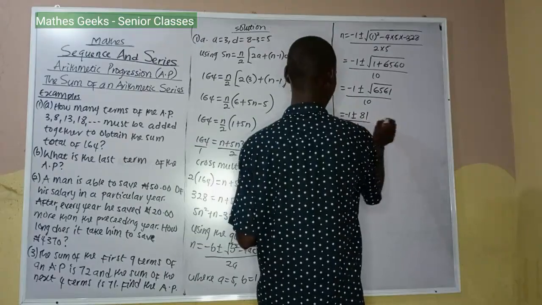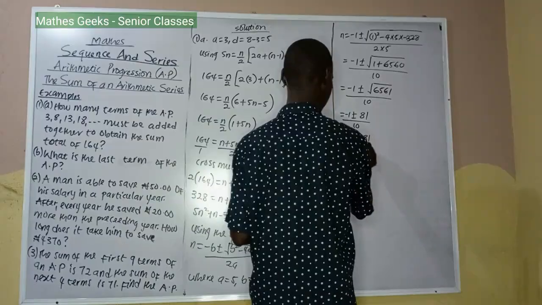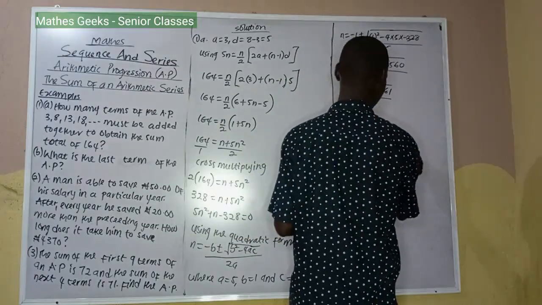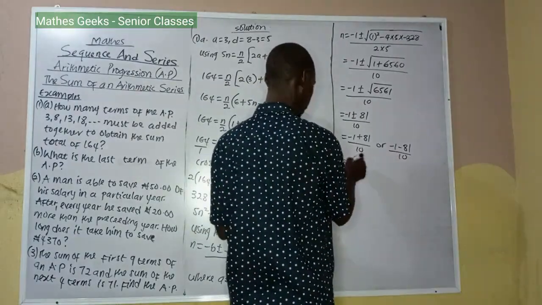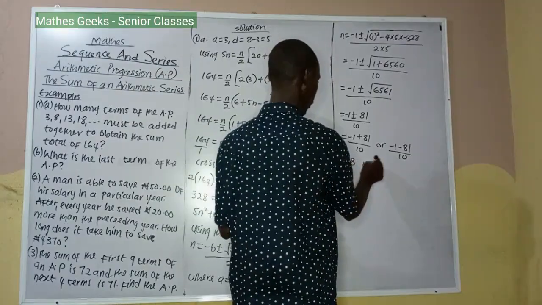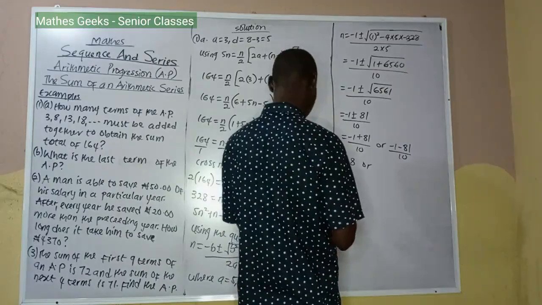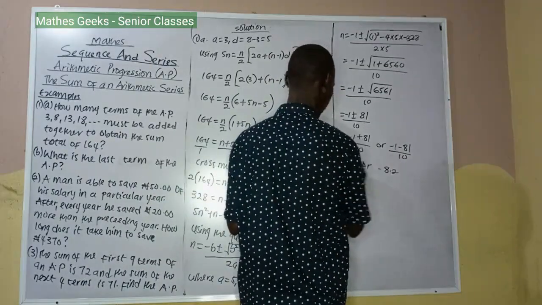So this gives us minus 1 plus 81 divided by 10, or minus 1 minus 81 divided by 10. Minus 1 plus 81 gives 80, and 80 divided by 10 is 8. Or minus 1 minus 81 gives minus 82, and 82 divided by 10 gives minus 8.2.